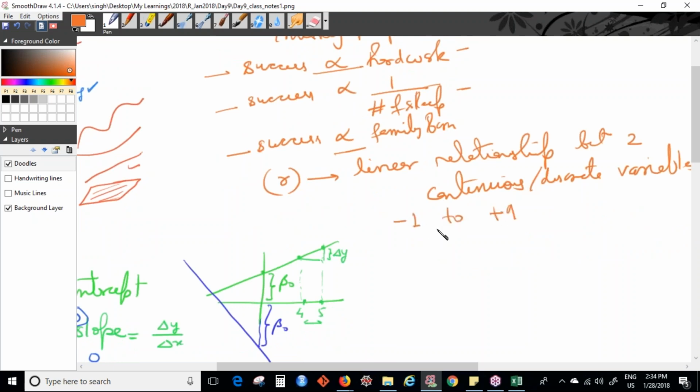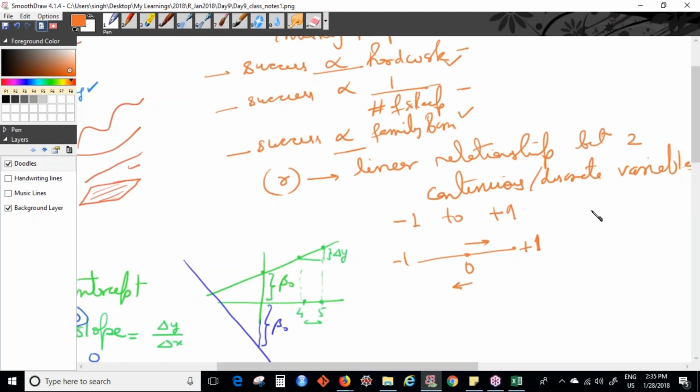It can take only that range. It cannot go outside of that. So you have -1, and you will have 0 in the middle, and this is +1. If the value is above 0, that means it is directly proportional, and if the value is below 0, that means it is inversely proportional. Max you can go is 1.